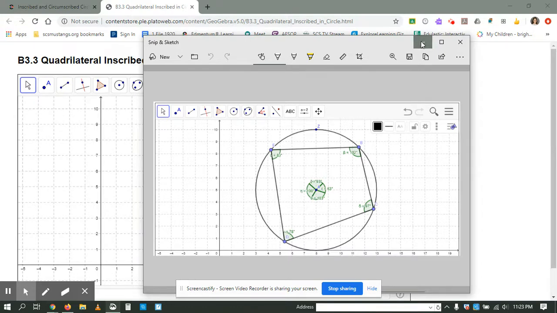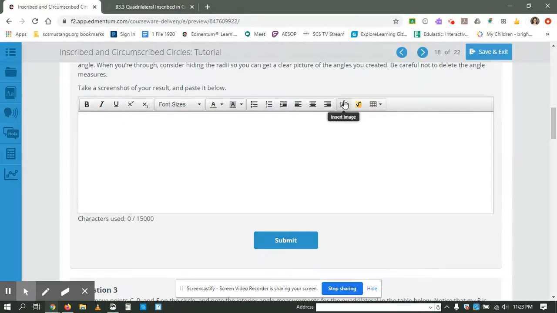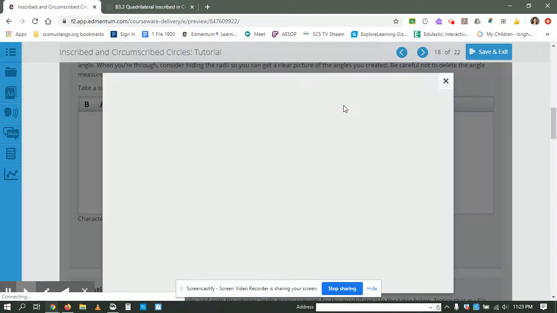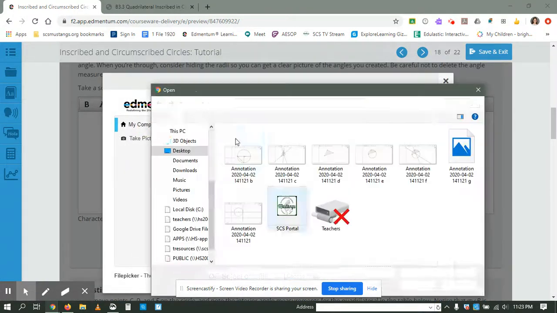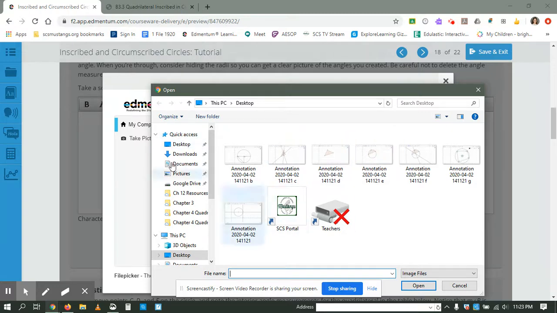So go look in your download file whenever you go to do this part right here where you do insert image. Whereas I go to desktop and look at my desktop things, check your download file and see if they're in there. So open.